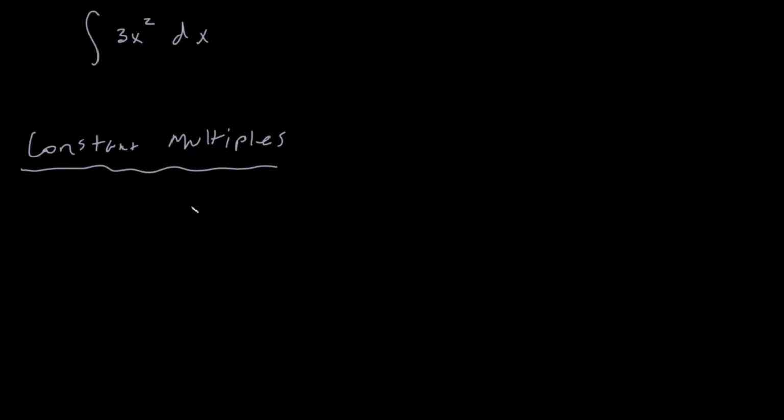So what if we have not just x squared, but what if we had the integral of 3x squared? How do we deal with that? There's a rule for this. For constant multiples, the integral of a constant times f of x is equal to said constant times the antiderivative of f of x.